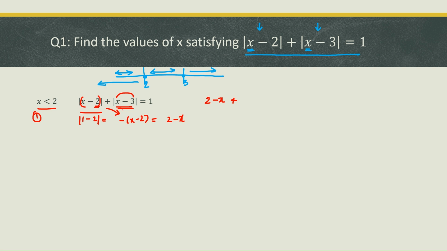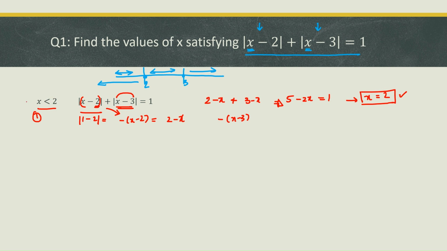So the output of this mod will be minus of this number, so minus of x minus 3, that is 3 minus x. So this is equal to 5 minus 2x, which is equal to 1, which is given in the equation. So x can be found as 4 by 2, that is 2. You can see x is 2.